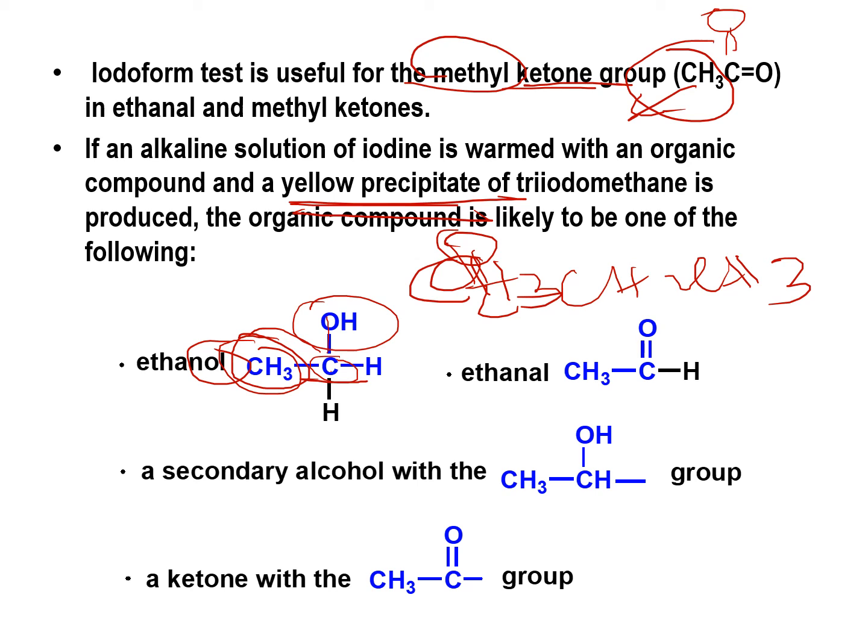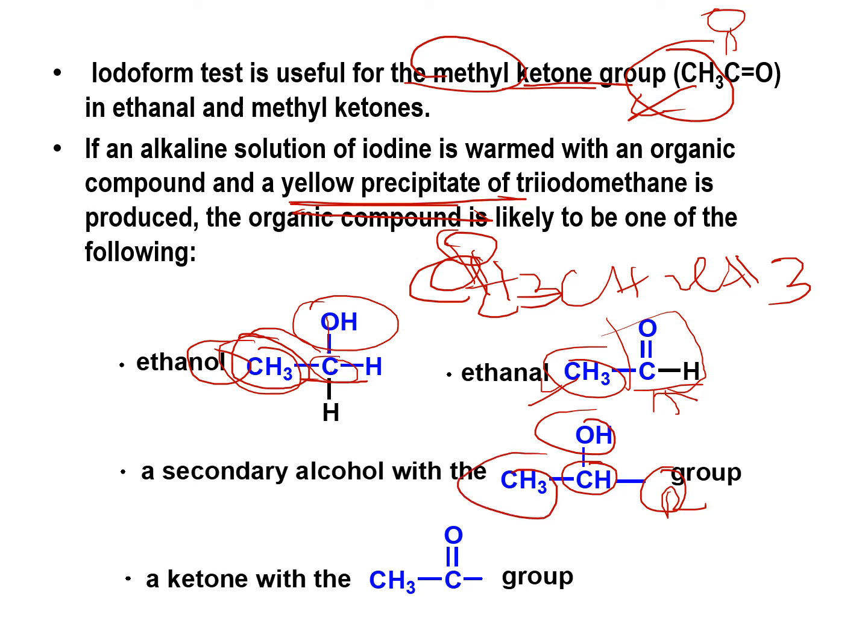It is the same with aldehyde. You have ethanol, you see the methyl next to it, so it will also form a yellow precipitate. Secondary alcohol is the same. Here the R may be different, but next to it there is a methyl group, meaning it will form a yellow precipitate. Same thing for ketone.